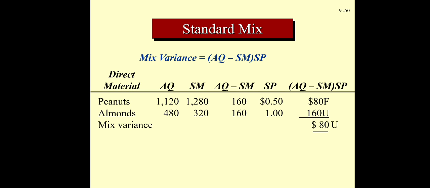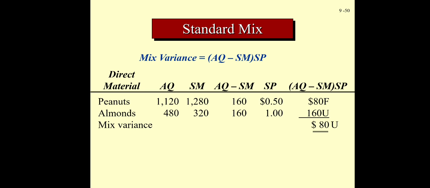For peanuts, actual is 1,120, standard mix is 1,280. Actual mix minus standard mix is 160. The standard price is 50 cents. So the variance is $80 favorable.